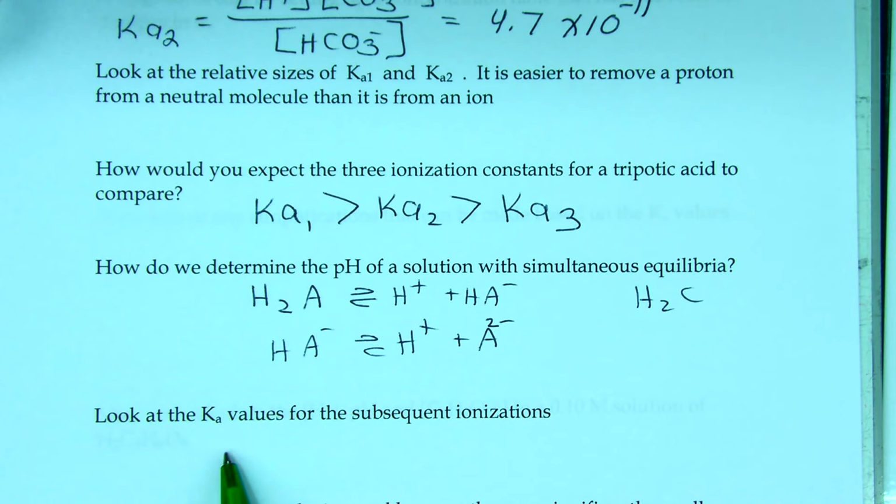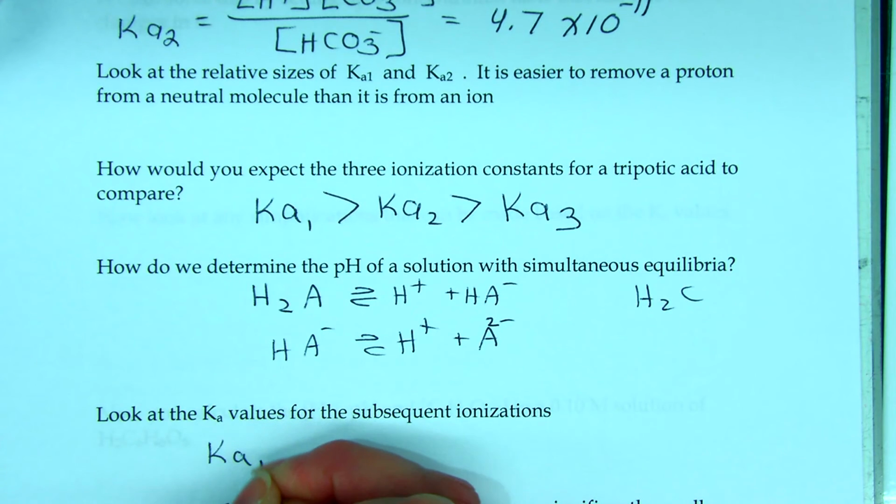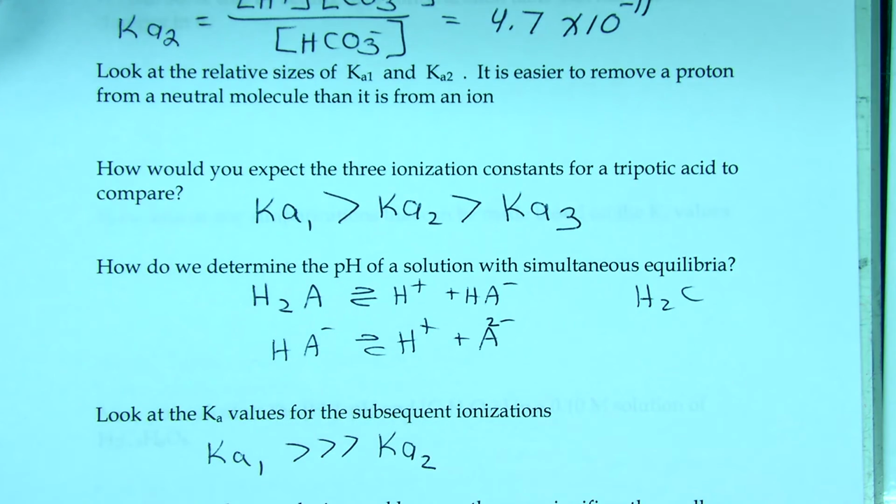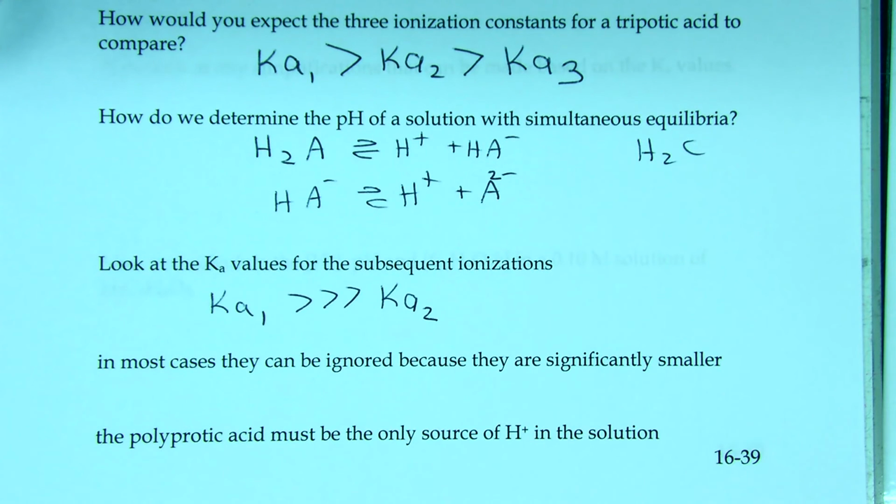Now, look at the Ka values for the subsequent ionizations. Well, usually, Ka1 is often much bigger than Ka2. So that means that the amount of proton from the second ionization is much smaller than from the first ionization. So, in a lot of cases, we can ignore it.